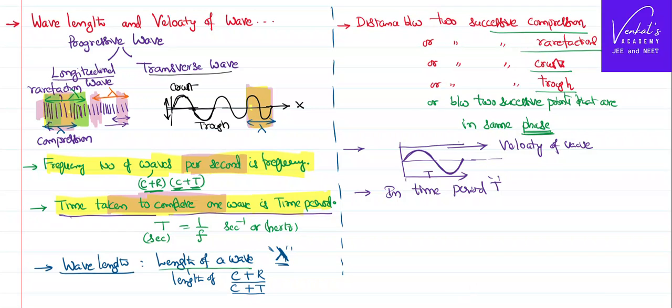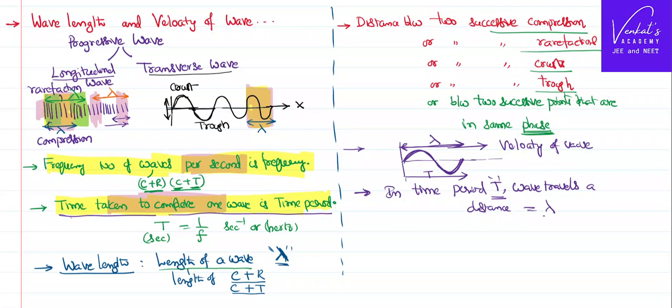The length of this wave is called wavelength lambda, because the length of the wave itself is the wavelength. This is one wave, one crest and one trough. So its length is the wavelength. So I can say in time period t, the wave travels or covers a distance or a displacement equal to lambda.